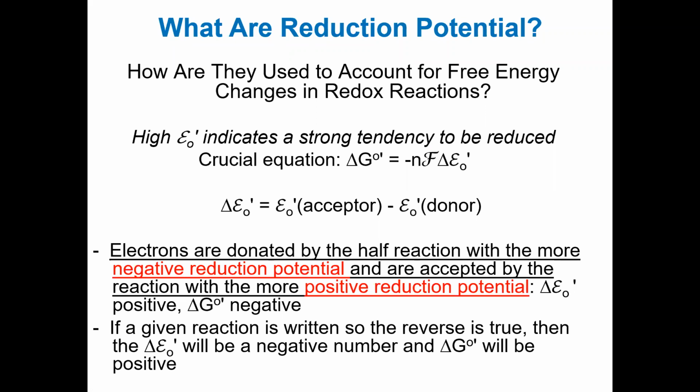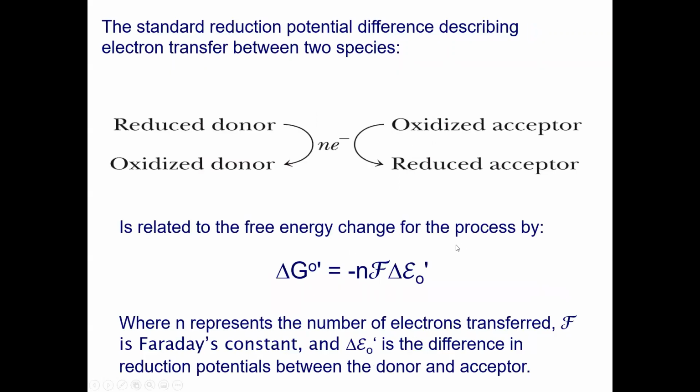Each redox reaction, for example, has a reduced donor that will transfer its electron to an oxidized acceptor. And so that's your overall redox reaction, right?